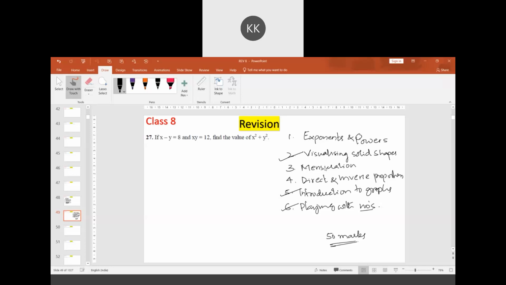Factorization, sir. Mensuration is tough, sir. So these are enough? Yes, sir. Okay, these are the six syllabus chapters for PT3. Sir, only 3 chapters? No, 6 chapters. 1, 2, 3, 4, 5.